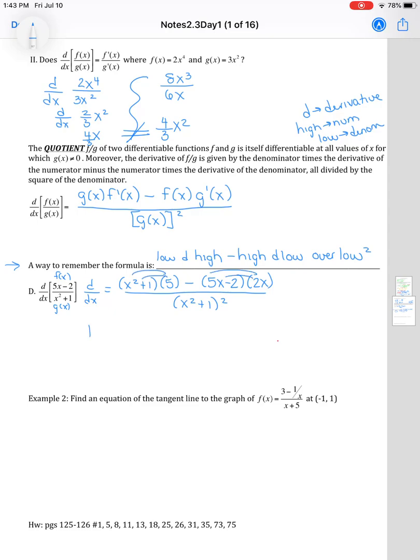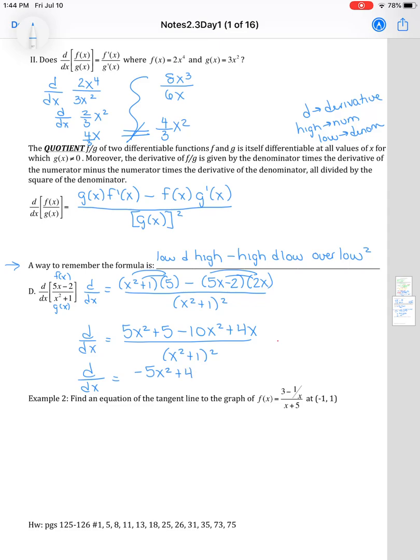The only thing you have to do is distribute the top and simplify. So for the derivative, we get 5x squared plus 5, and also distribute that negative there, so you get negative 10x squared plus 4x. And then the last step would just be to make sure that it's totally simplified.